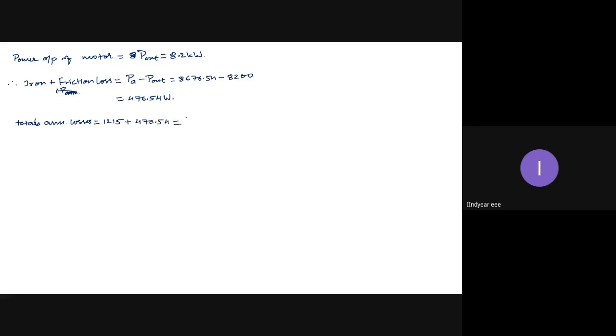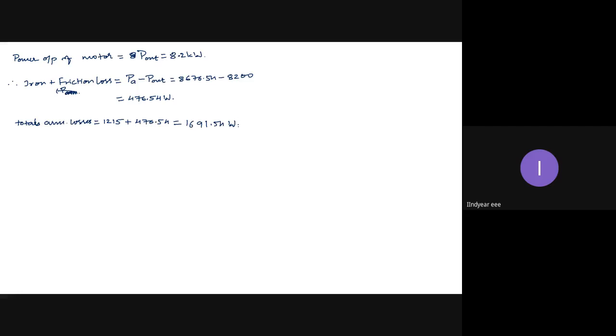So this is equal to 1691.54 watts. So this is the total losses.